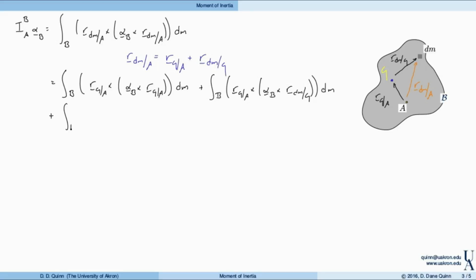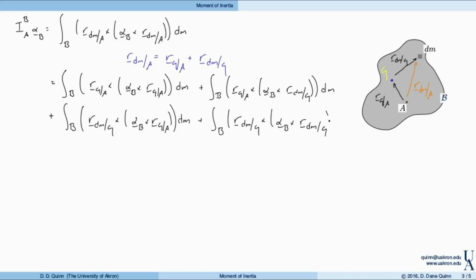We'll have another piece that looks like, well, again, this term now into this first expression, r of dm with respect to G cross alpha cross r of G with respect to A. And then finally, we get contributions from dm with respect to G in both of these terms. So it's the integral over the body, r dm with respect to G, cross alpha cross r dm with respect to G.